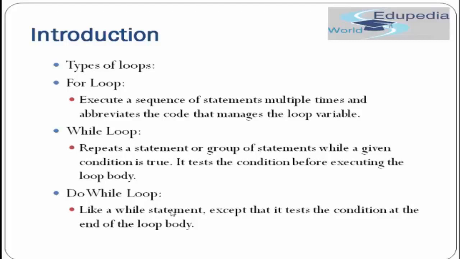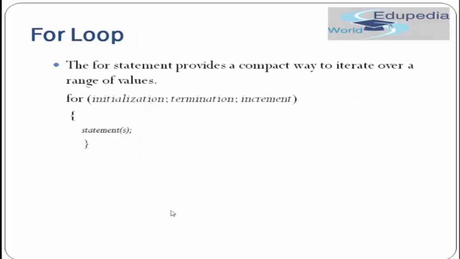Okay, so let's begin by studying the for loop. The for statement provides a compact way to iterate over a range of values. This is the syntax for the for loop, in which we have the for keyword.